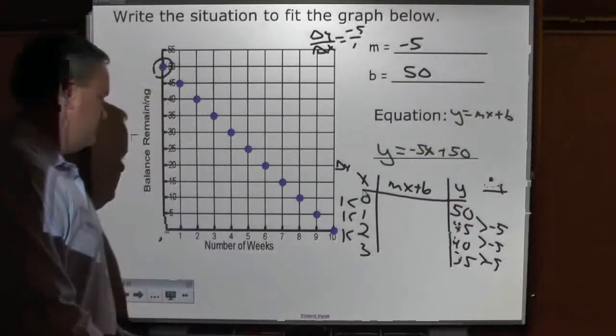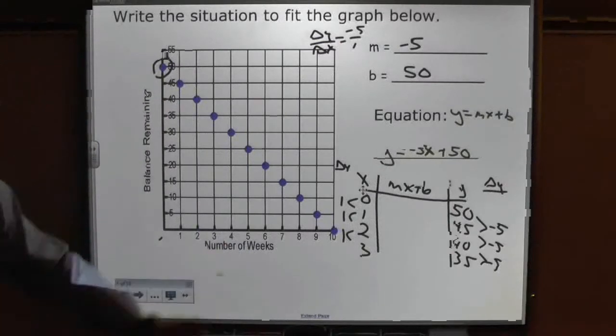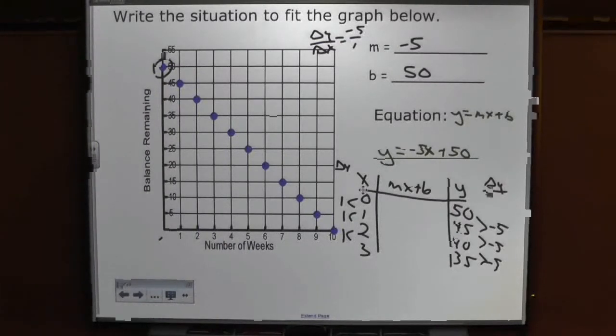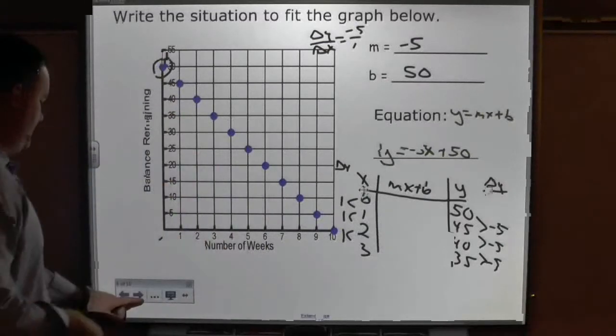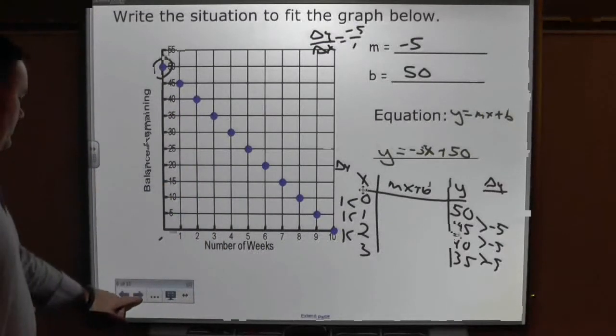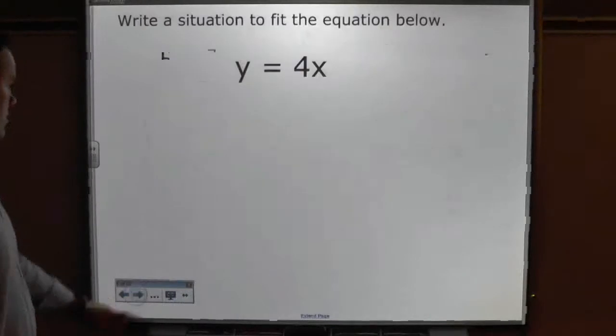So for this, I want you to write a situation that deals with the number of weeks and with the balance remaining, where it goes down, but it starts at 50, all right, $50, 50 cents, 50 whatever, all right, and then decreases by 5 each time. That's what the -5 tells you. It's decreasing by 5 each time. You write that situation, anything you want.